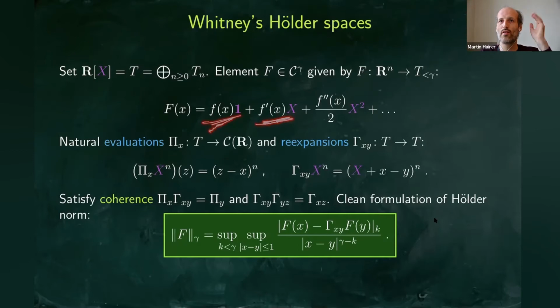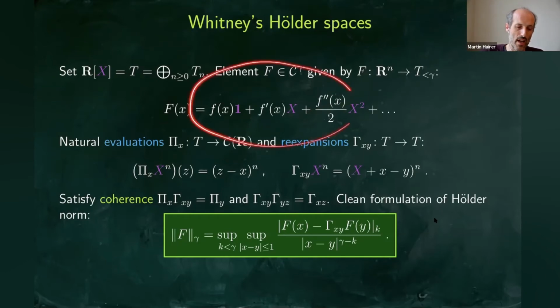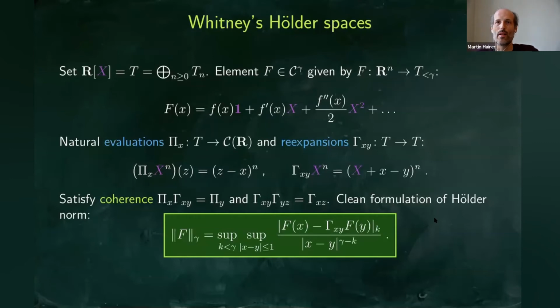You just give yourself a function f', a function f'', and so on, and you mash them together into one function capital F in this way. At this stage, I don't impose anything about f' actually being the derivative of f, or f'' being the second derivative of f. They are just independent functions.